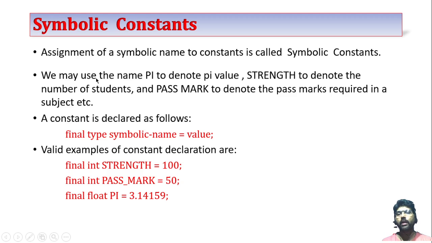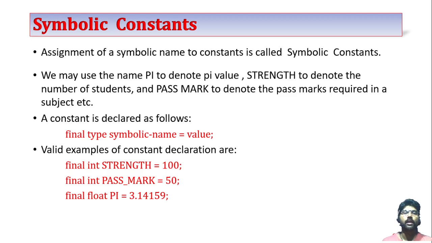For example, symbolic constants are written in capital letters to differentiate between variable and constant. If I use capital PI, this denotes the pi value, that is nothing but 3.142.